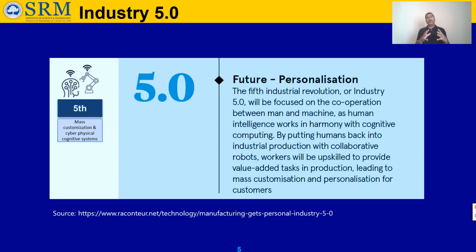That scanned foot will be matched with different shoes, where you can change the colors, add what kind of cushion you want, how much thickness of cushion, what kind of grip, and what kind of logo you want printed. Everything you can design using these personalized facilities. Then you simply click print. It will be printed in the additive manufacturing or 3D printing machine, and we can use it. So Industry 5.0 is mainly all about personalization.